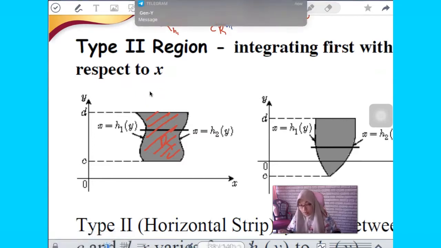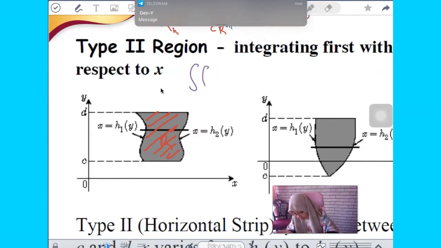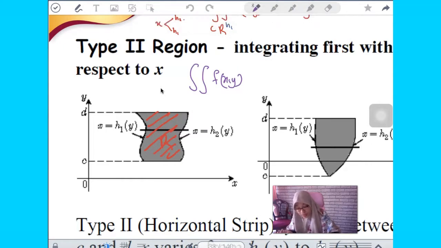Now let's say you do not know yet the limit. The only thing you know is the double integral, the integrand itself and the order, because you have decided that y is constant, so you have to put y at the back, so you have to start with the x first.